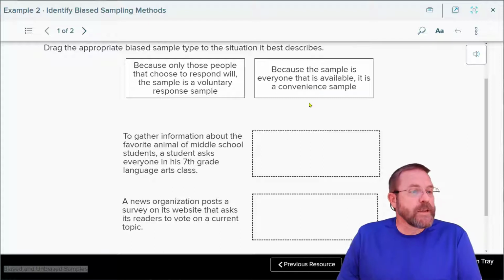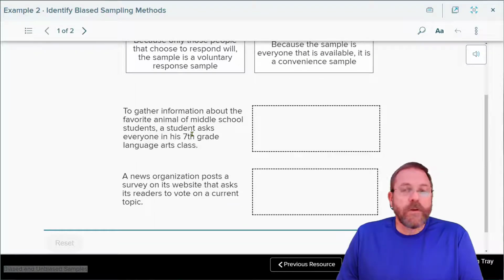So we want to know, are we looking at a voluntary response or a convenience sample? The two different types of biased samples. The first one, to gather information about the favorite animal of middle school students.